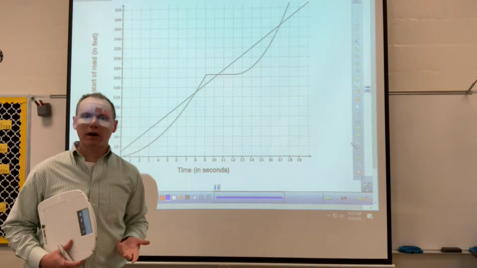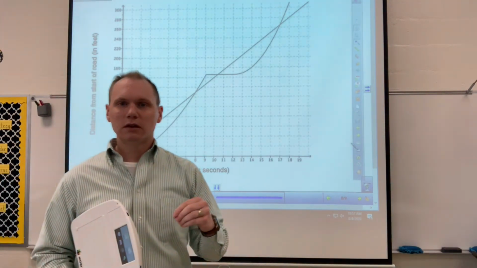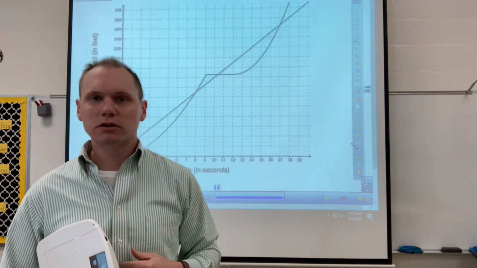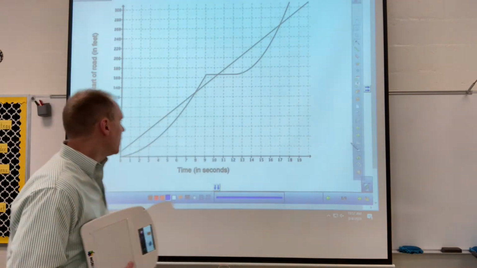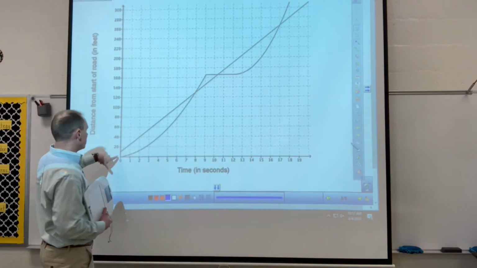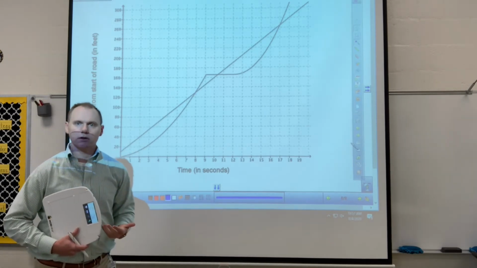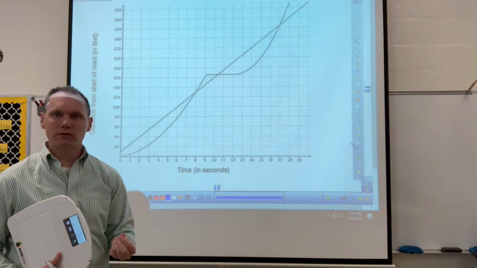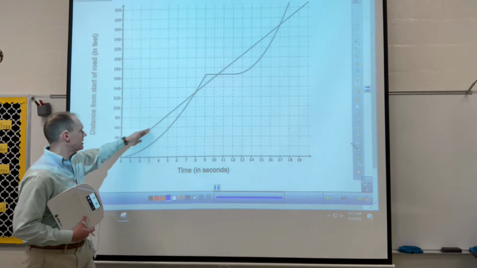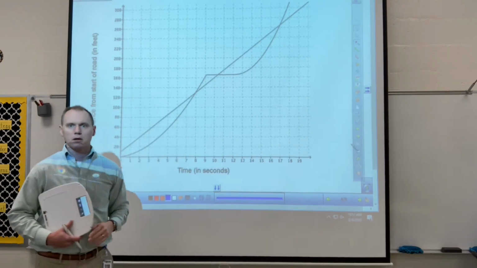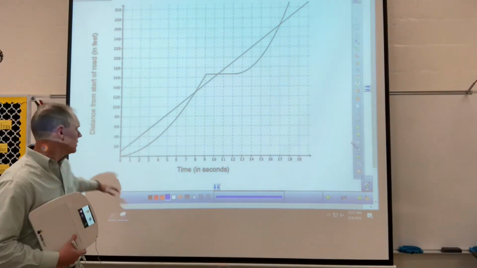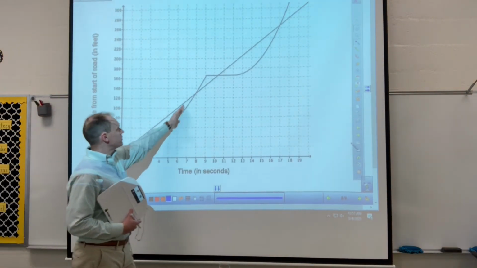And so we can think about how the distance, which is our quantity, changes with respect to time. So if you notice, the bike travels at a steady rate. The bike travels at a steady rate, and what that means is it's a linear function. So it's got a constant rate at which it's traveling here for the bike. Whereas the truck, in this scenario, travels at this path here.